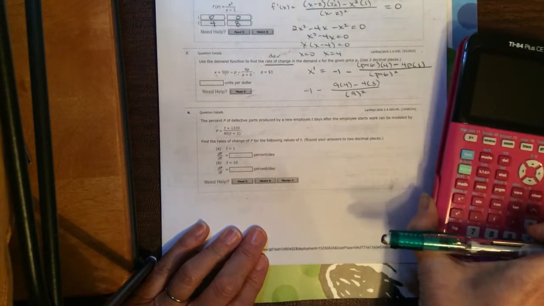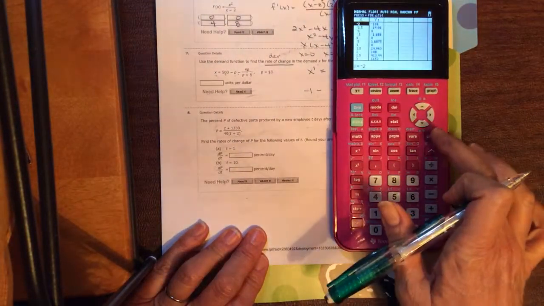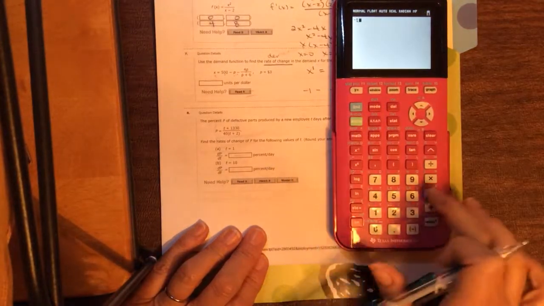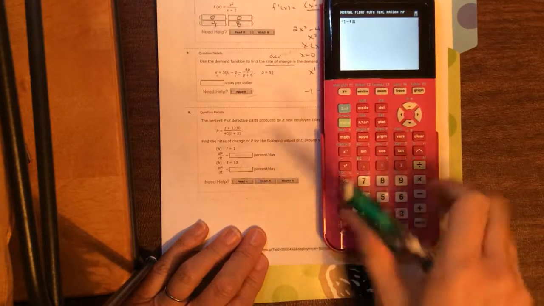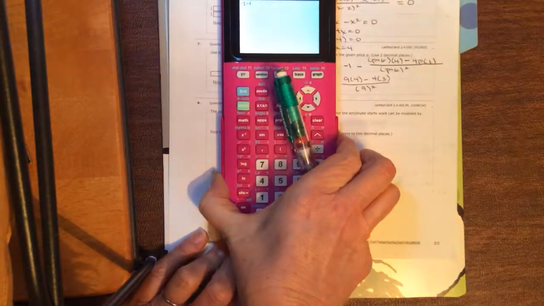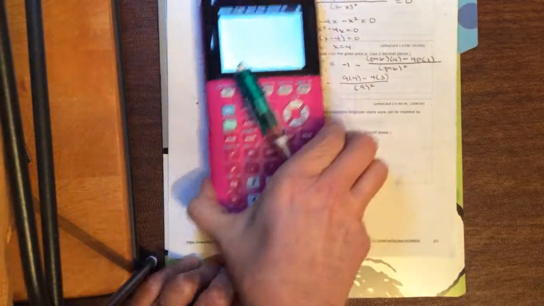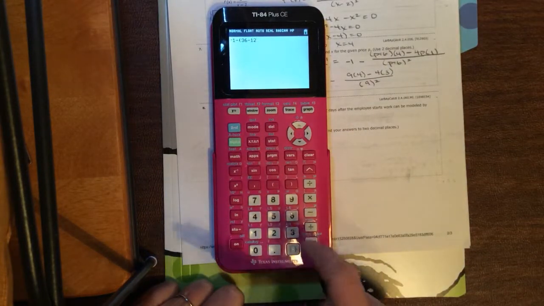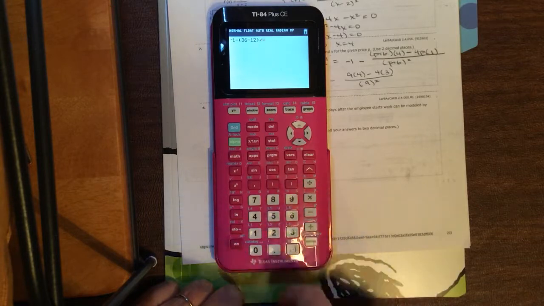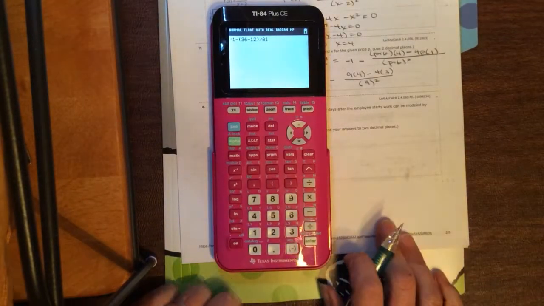And I'm just going to plug that into my calculator. So I have negative 1 minus, and now I've got a fraction coming, so I'm going to put parentheses, and I'm just going to say 36 minus 12 divided by 81.